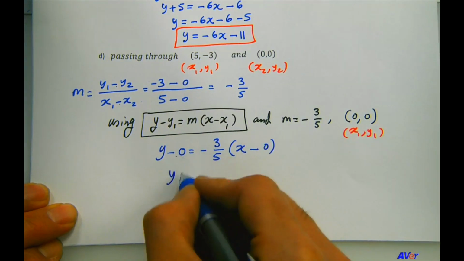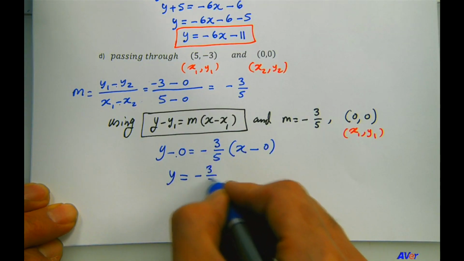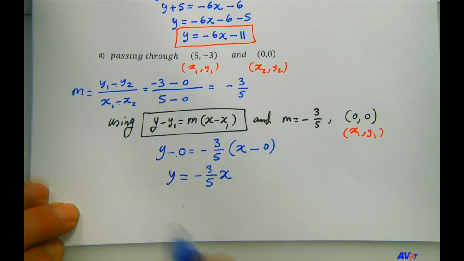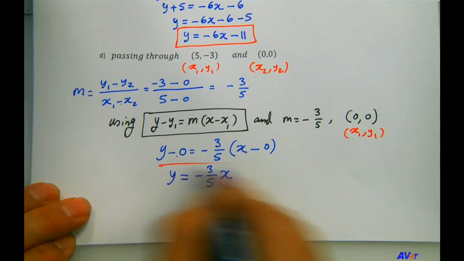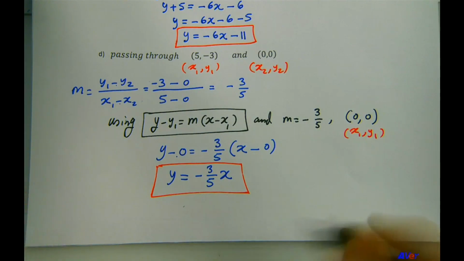So y minus 0 is y, minus 3/5 times x. And this is our equation, written in slope-intercept form, of course, but the y-intercept is missing because it is 0, right? The y-intercept is at 0, 0.